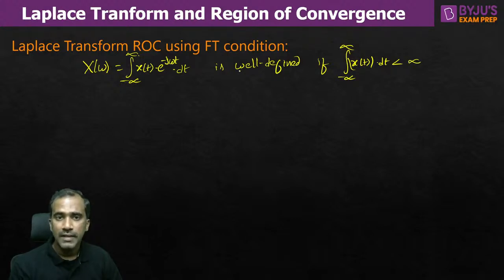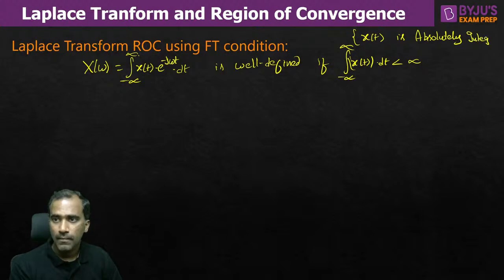See this one? It's well defined if x of t is absolutely integrable. If x of t is absolutely integrable, then definitely the Fourier transform is well defined.